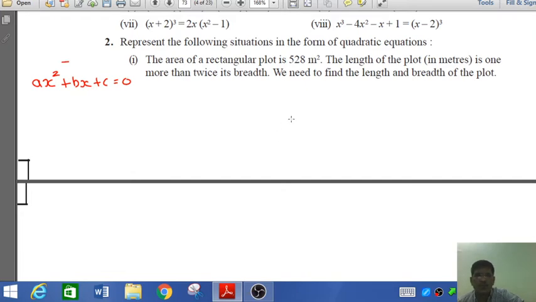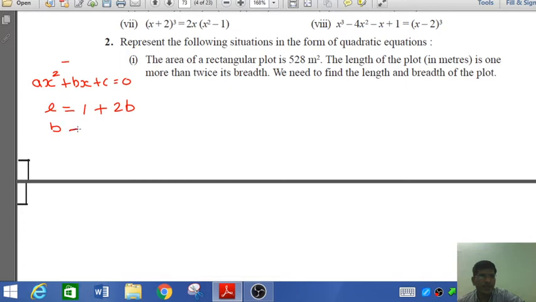Then we can solve. The length of the plot is one more than twice its breadth. So what do I have to take?